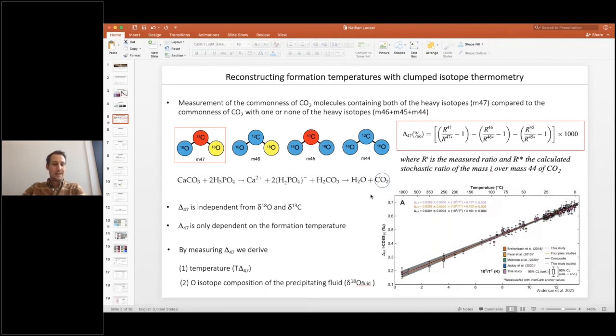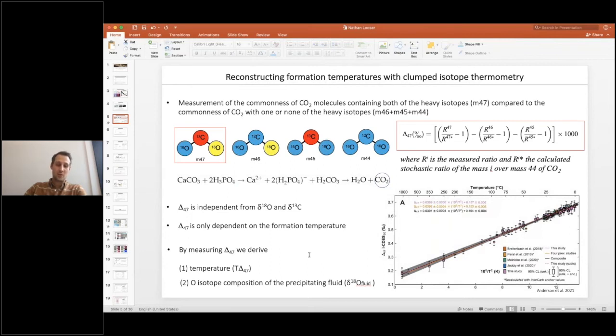Okay, importantly, delta 47 is independent from delta 18O and delta 13C, and it is only dependent on the formation temperature. That means by measuring delta 47, we derive the temperature directly, and with that temperature we can calculate the oxygen isotope composition of the precipitating fluid.